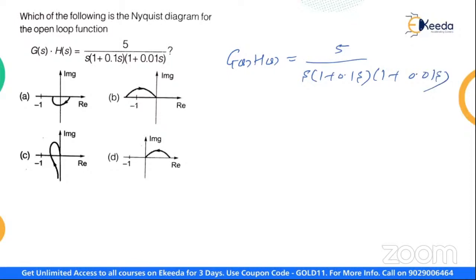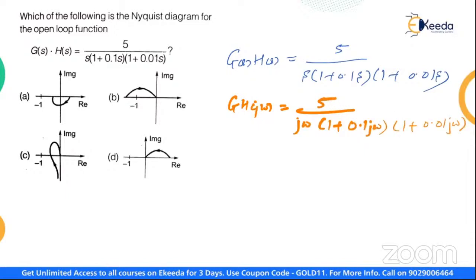Yes. Now let us write M phase and omega. So what is GH of j omega? Just replace s by j omega. What do you get? 5 upon j omega into (1 plus 0.1 j omega) into (1 plus 0.01 j omega).